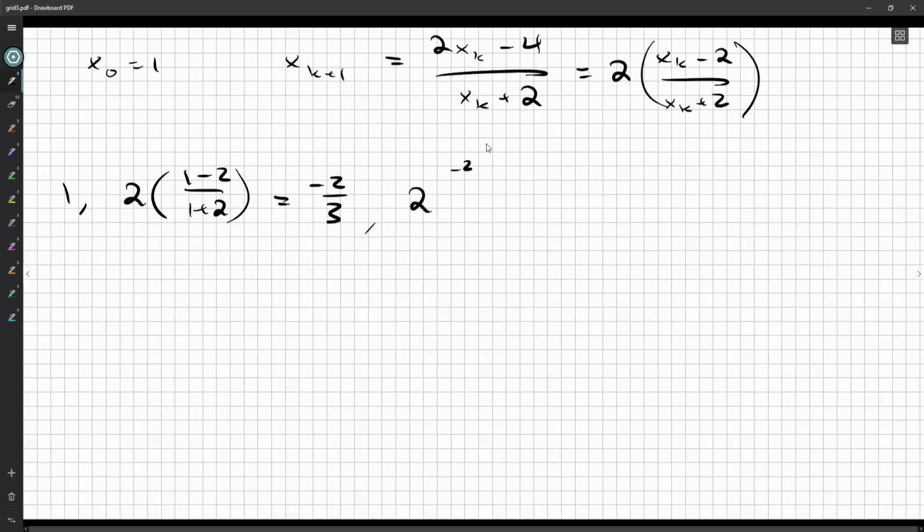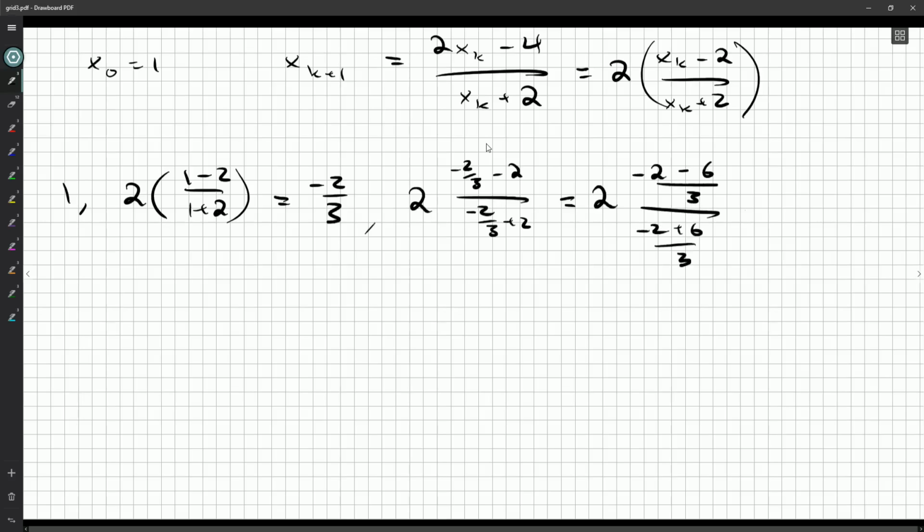So now I know the next term. 2 times negative 2/3 minus 2 over negative 2/3 plus 2. All right, let's get a common denominator. So negative 2 minus 6 over 3, negative 2 plus 6 over 3. So that's 2 times negative 8 over 3 over 4 over 3. We're looking at negative 4.